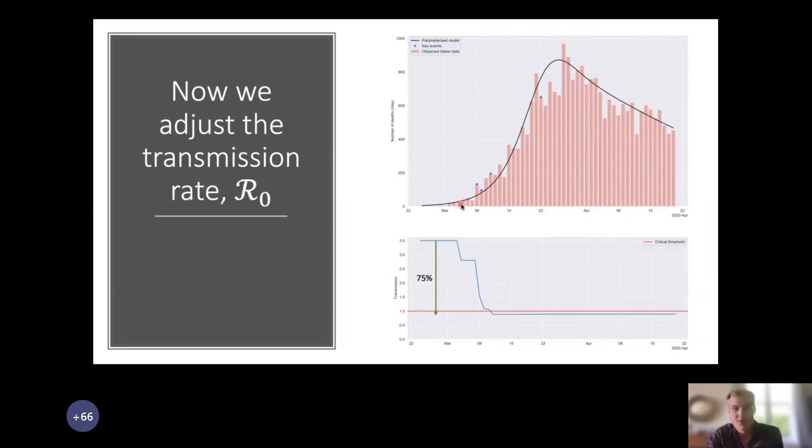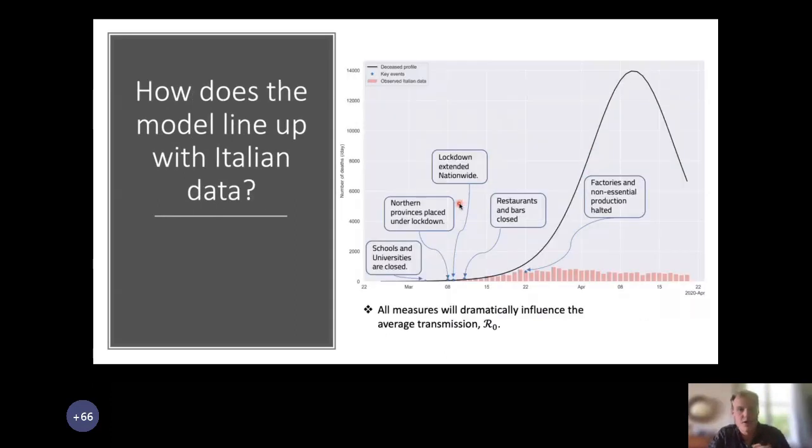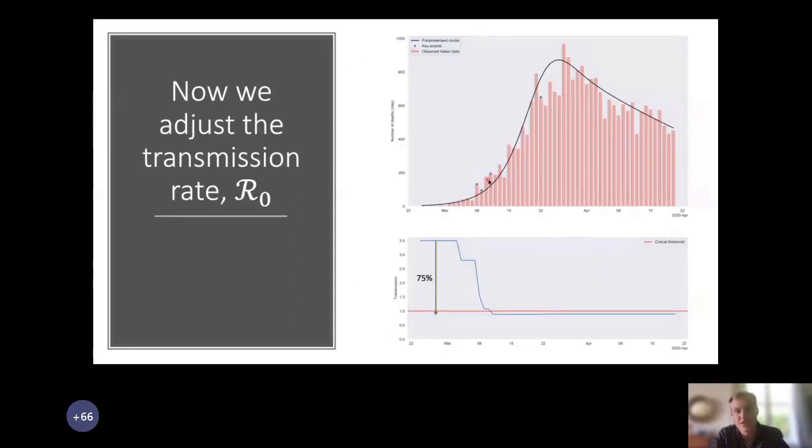Okay, so for example, if we just go back one, this is where the schools and universities were closed, and then lockdown is happening here, and restaurants and bars closed, and then factories shut here. And it might appear that this is causing this inflection here. Actually, it isn't. If we go down to here, how much the R number is changing is actually 0. It didn't change the R number, or changed it very little, here. It's this here which is causing this inflection. And that's the nationwide lockdown.